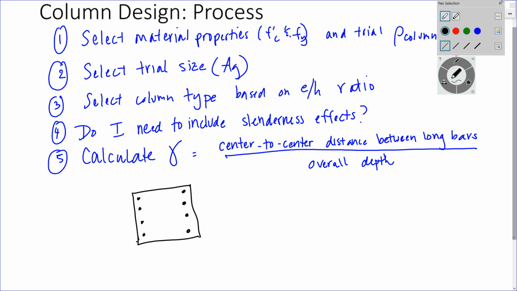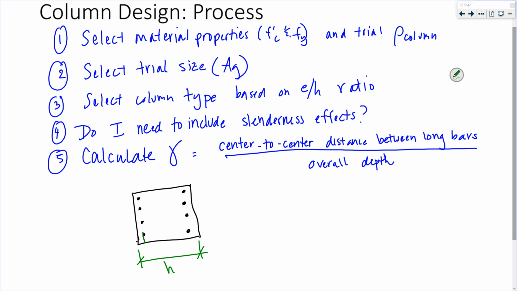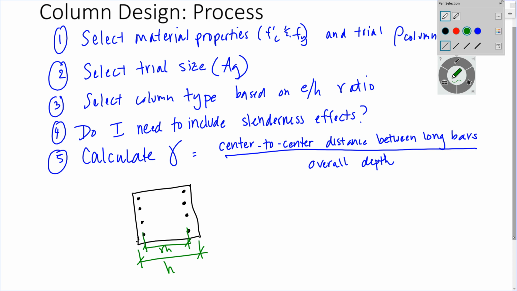Right, if our overall height is H, our gamma, that's in the center, doesn't look like it is, but is gamma H. Right? And we could get that by, what do we need to subtract, right?